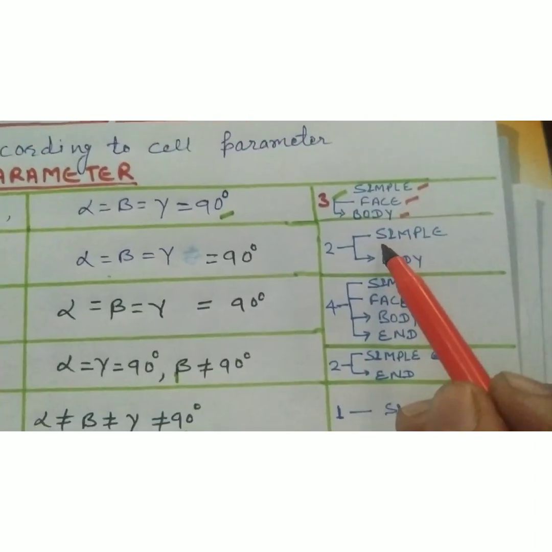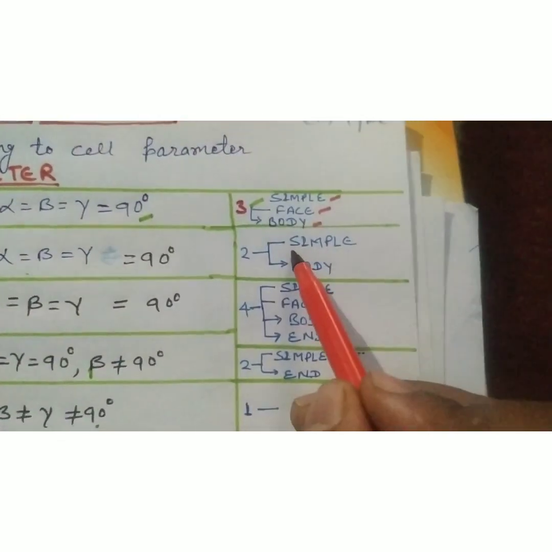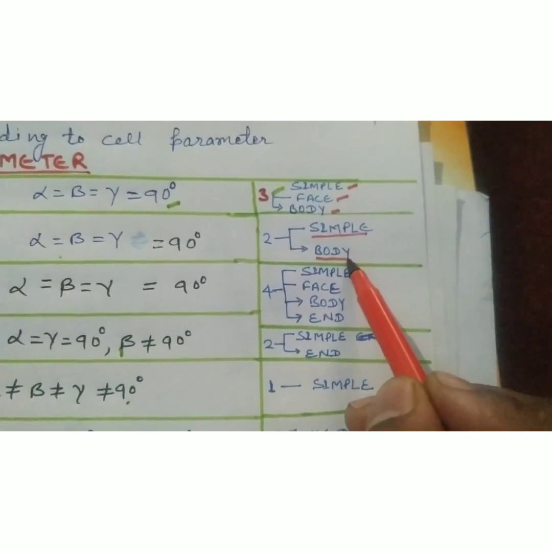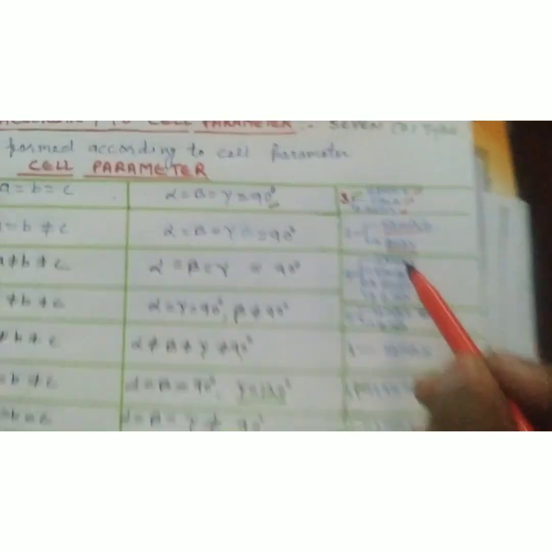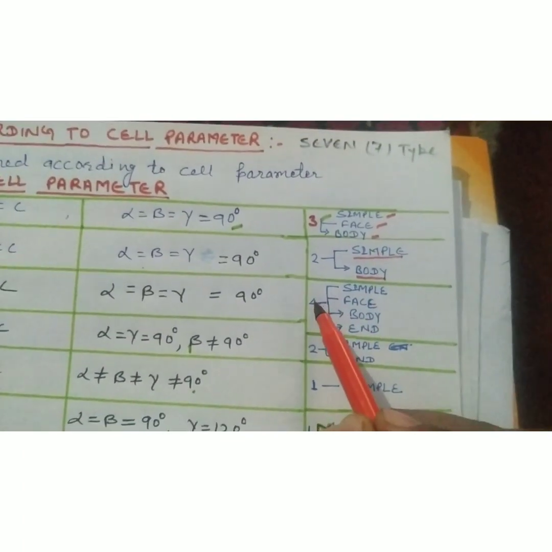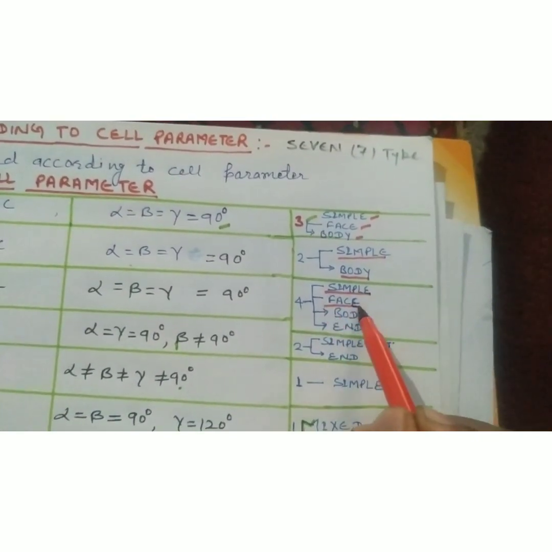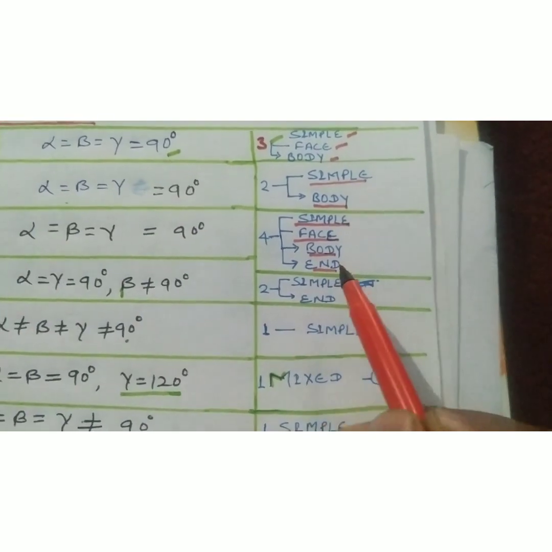While the tetragonal may be simple tetragonal or body centered tetragonal. Clear? And the third one is orthorhombic. Orthorhombic may be 4 types: simple orthorhombic, face centered orthorhombic, body centered orthorhombic and end centered orthorhombic.